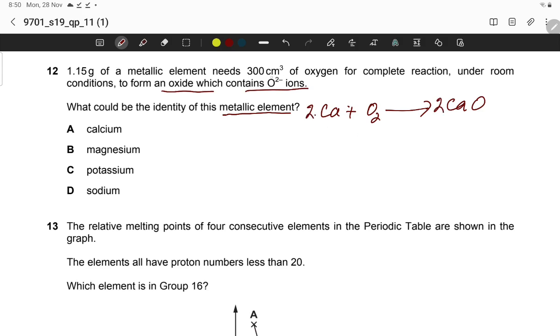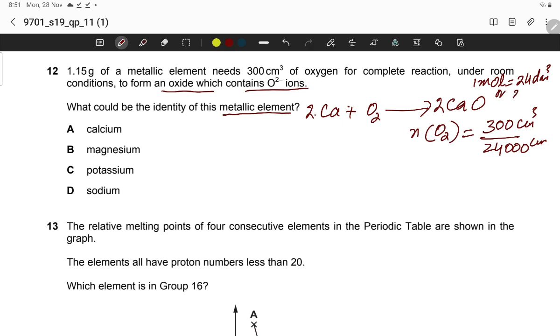So we know that 300 cm³ of oxygen, moles of oxygen is 300 divided by 24,000 cm³, because 1 mole occupies volume equal to 24 dm³, and in cm³ this is equal to 24,000 cm³.